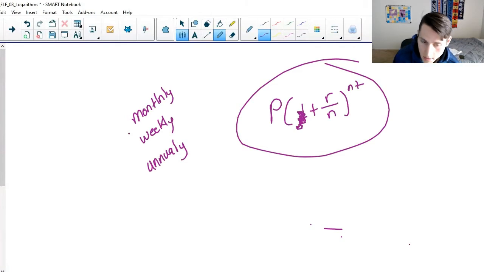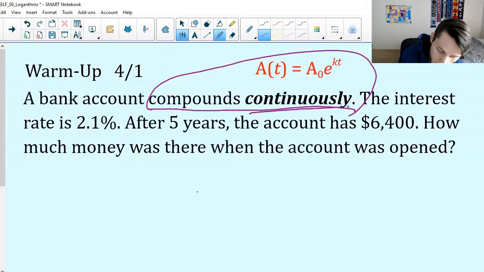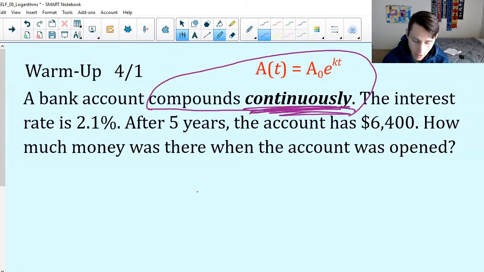But since we're talking about compounding continuously, then we are using just our exponential growth and decay formula.